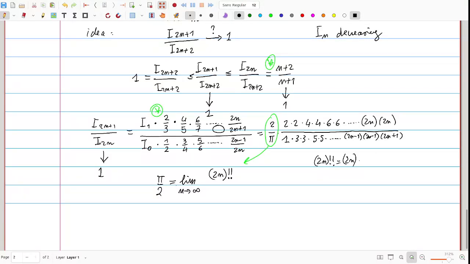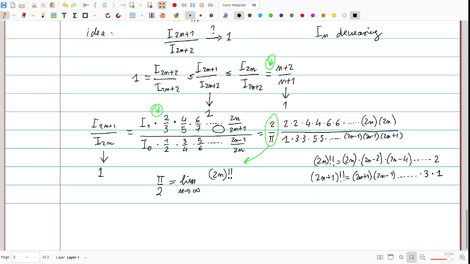So this is 2n times 2n minus 2, so we skip one factor, then 2n minus 4, up to the end. Since 2n is even, the last factor is 2. And if you take an odd number, the semi-factorial is again the product of every other number, so now they are all odd numbers down to 1.